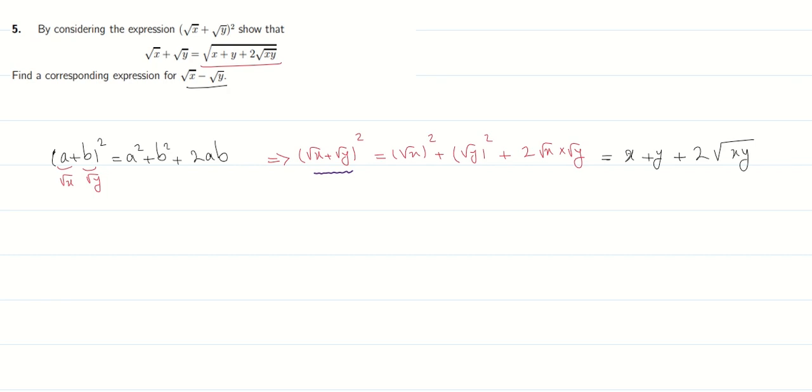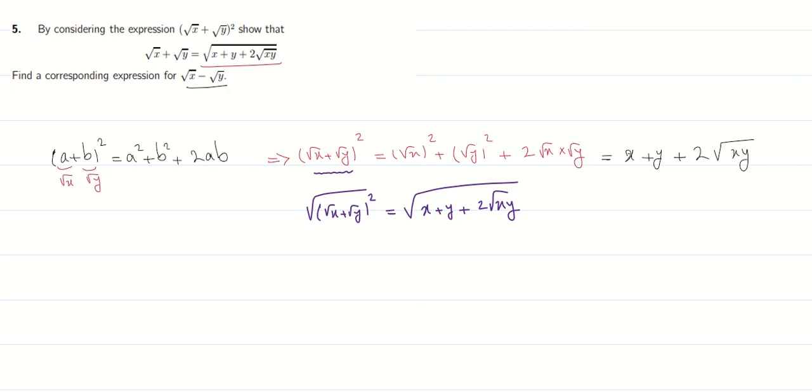So we're just going to take the square root of both sides of the equation. So it would be the square root of (square root of x plus the square root of y) squared. And this one would be equal to the square root of the terms on the right hand side, which would be x plus y plus 2 times square root of xy.